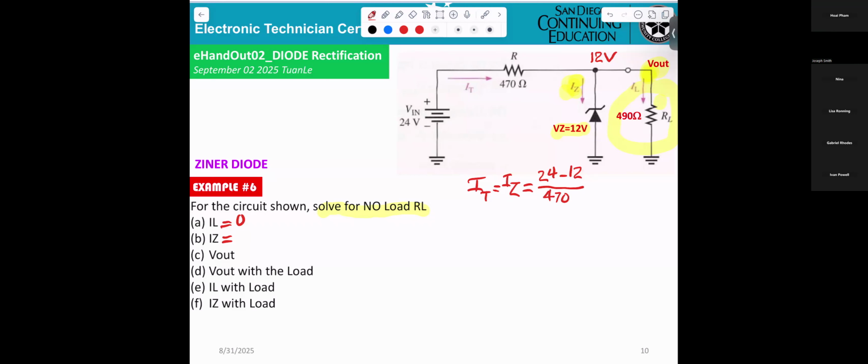That means IZ is 12 divided by 0.47, which is 25.5 milliamps. Correct? Yep. 25.5 milliamps.